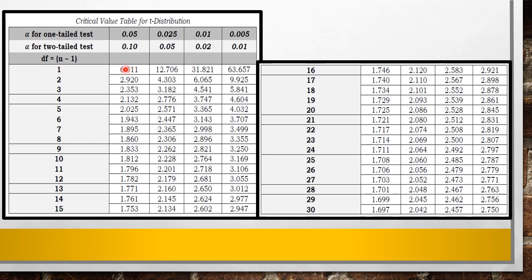For an instance naman po, 4 ang degrees of freedom niya, or 5 ang samples, minus 1, 4. And then, ang two-tailed test siya, 5% two-tailed test, ang value niya po is 2.776. So, yan po ang pagkuha ng critical value ng t-distribution.